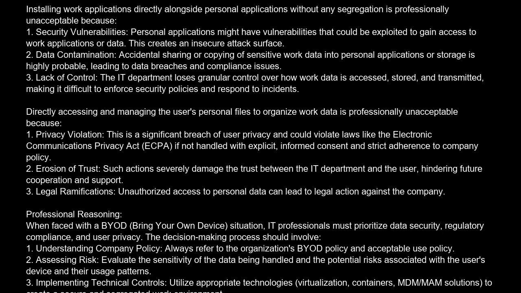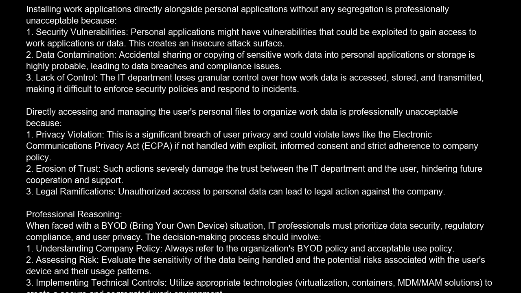This creates an insecure attack surface. 2. Data contamination. Accidental sharing or copying of sensitive work data into personal applications or storage is highly probable, leading to data breaches and compliance issues. 3. Lack of control. The IT department loses granular control over how work data is accessed, stored, and transmitted, making it difficult to enforce security policies and respond to incidents.